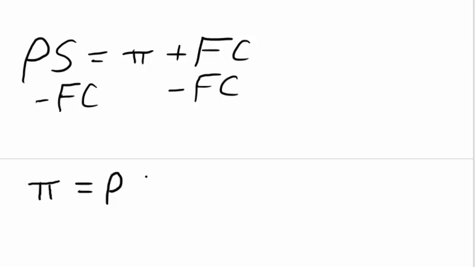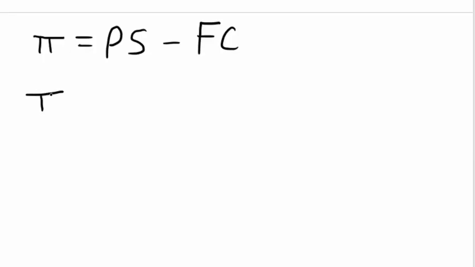So we found our producer surplus, but we still need to find the profit. Now if we recall, the other formula for producer surplus is profit plus fixed cost. And if we manipulate this by subtracting fixed cost from both sides, we have a formula of profit equals producer surplus minus fixed cost. So we have our profit, and that's equal to our producer surplus of 441 that we just found.